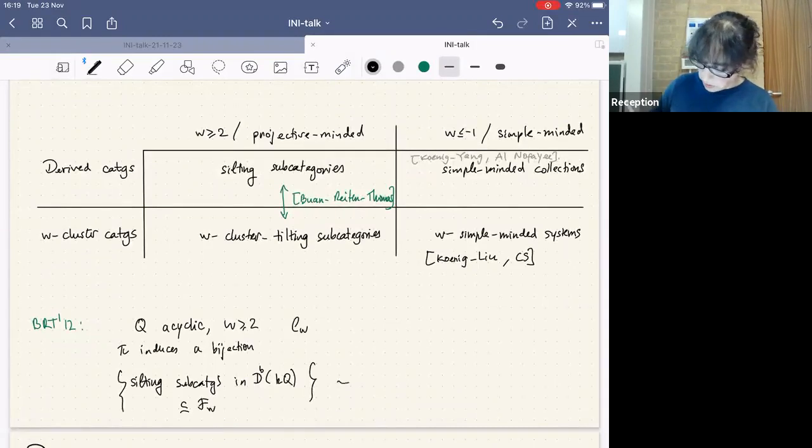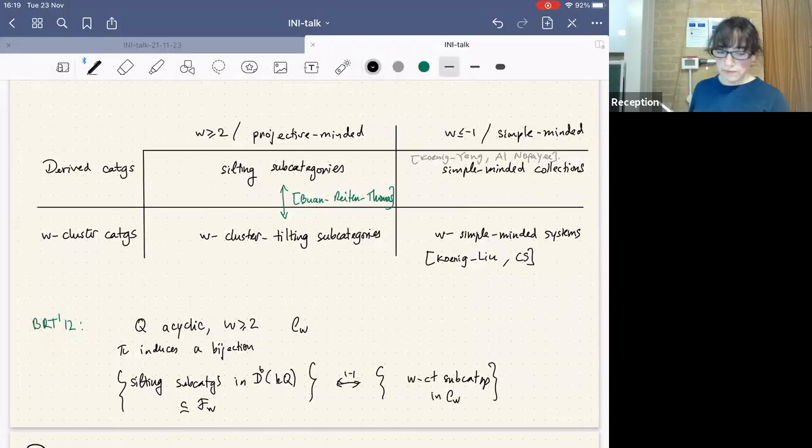These are in one-to-one correspondence with W cluster tilting subcategories in the cluster category. Okay.